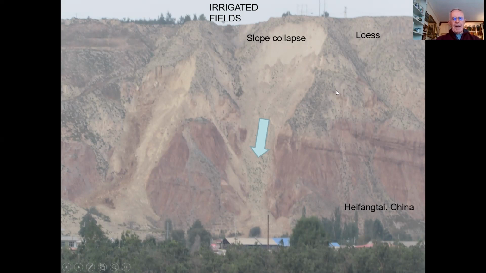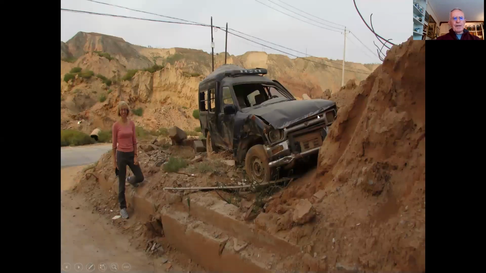And there is the track of a large slope collapse, which brought material right across the valley. So there in the background, you can see that slope, that plateau where the irrigation took place, and this mass of material came right across the valley and up the other side, transporting a van in the process.